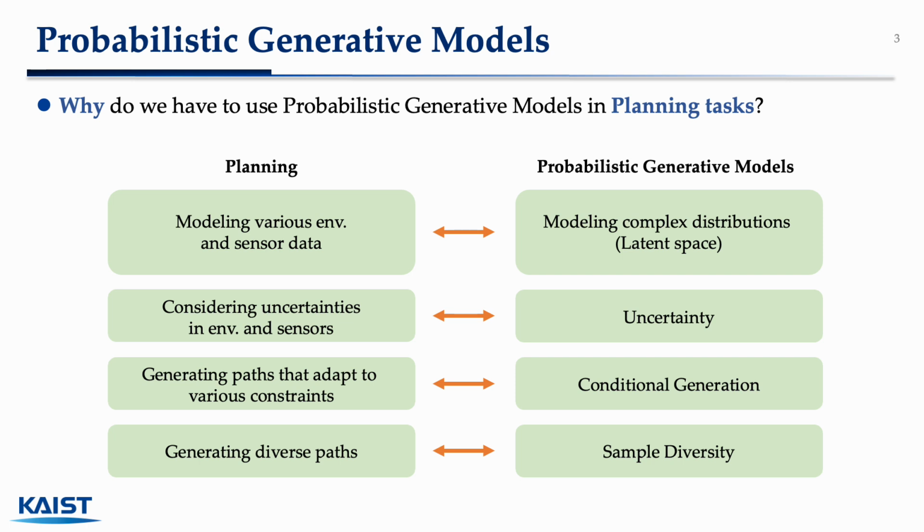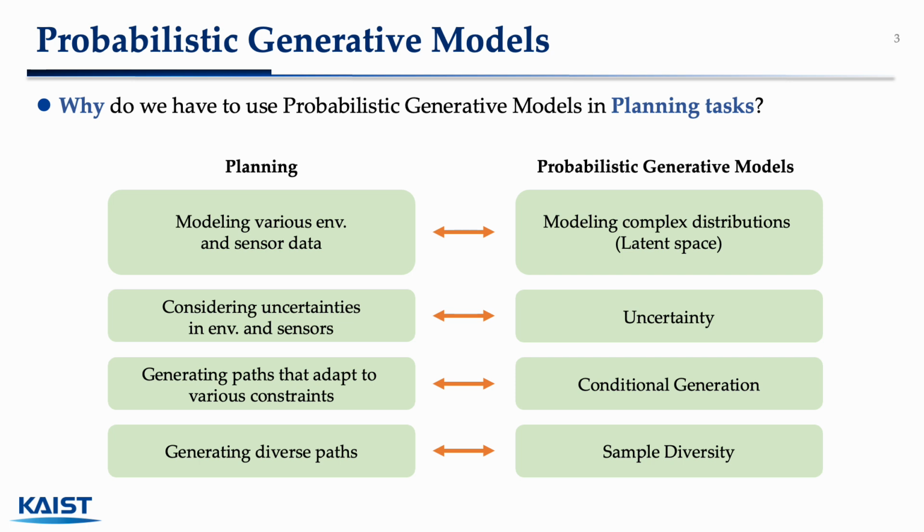Now, why do we have to use probabilistic generative models in planning tasks? Planning tasks naturally involve several fundamental challenges, like handling complex and high-dimensional environments, managing uncertainty from noisy sensor information, and accommodating a wide range of possible outcomes and constraints.